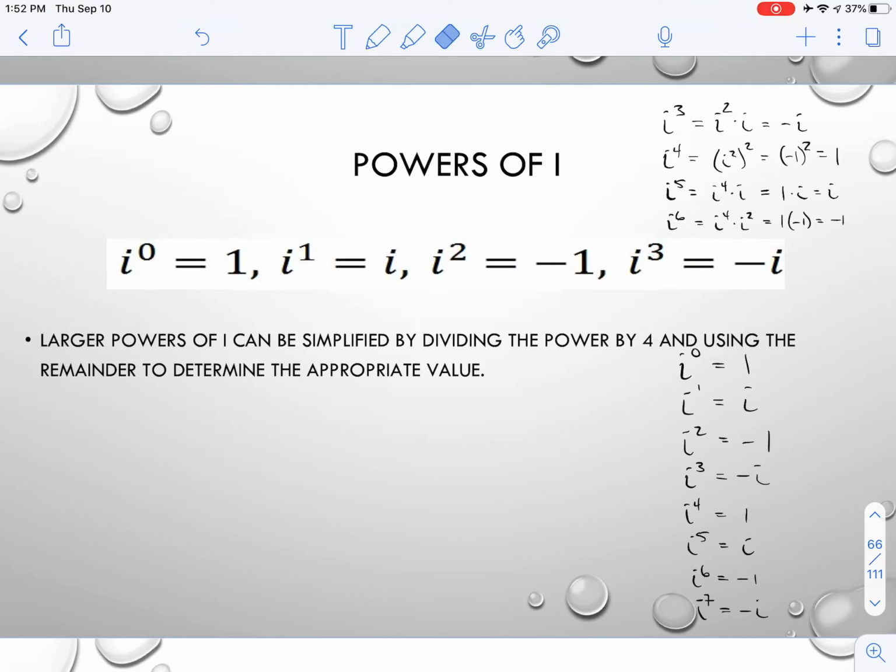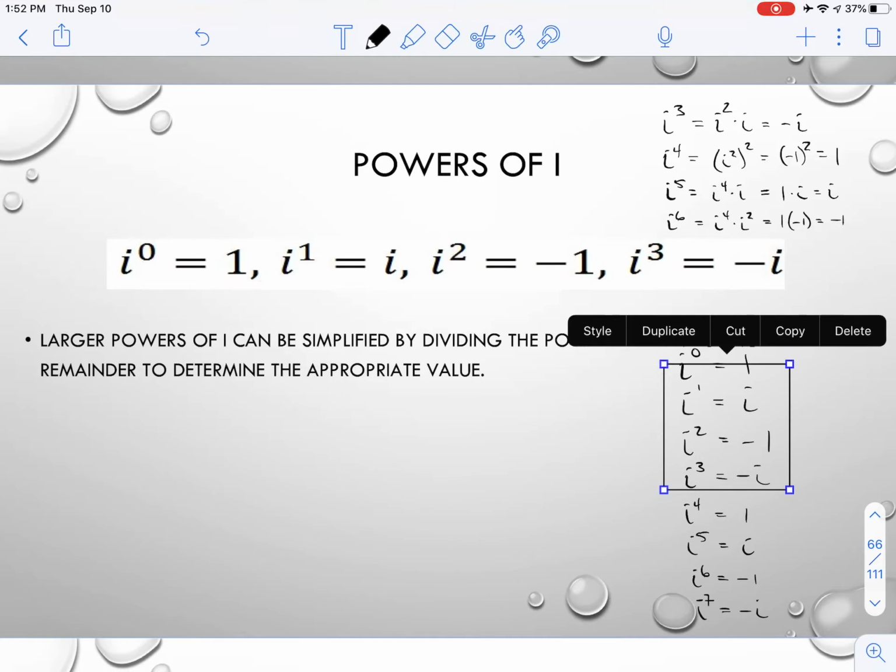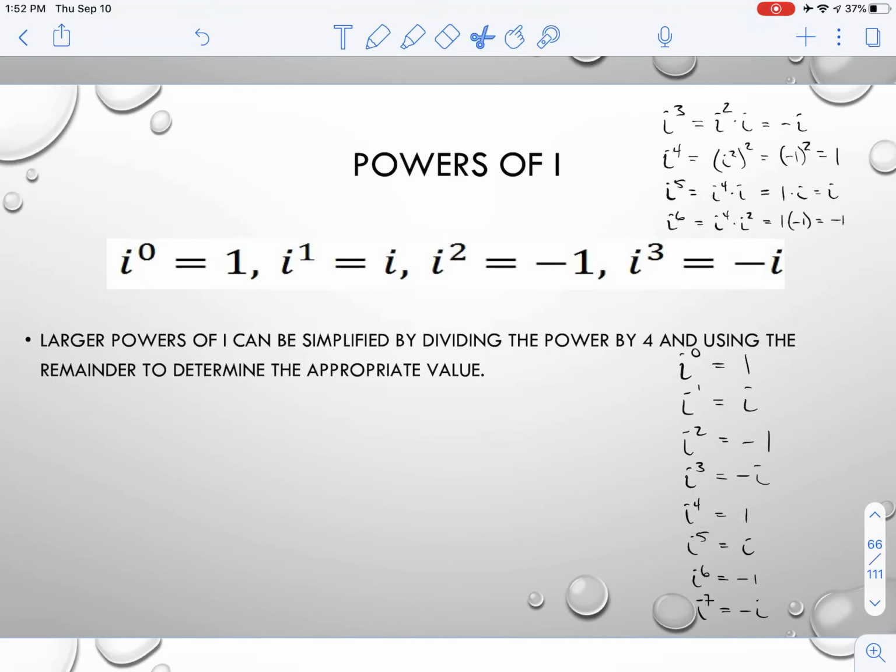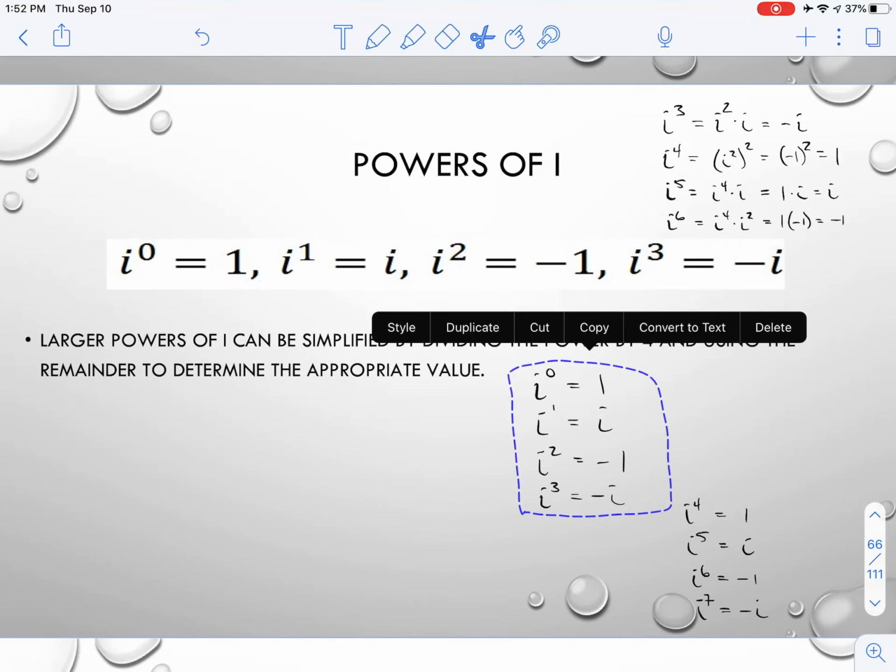So if you can remember the 4 that we started with here, i to the 0 through i to the third, you're going to know everything that you need for this. Okay?